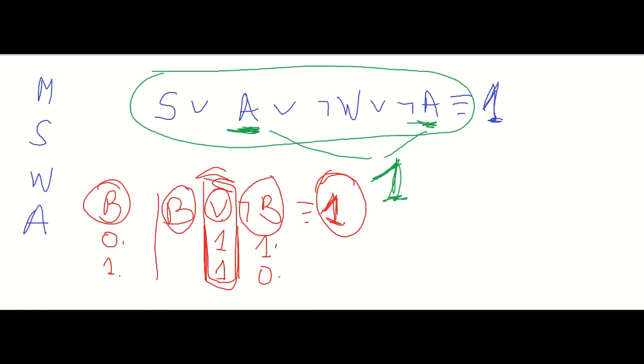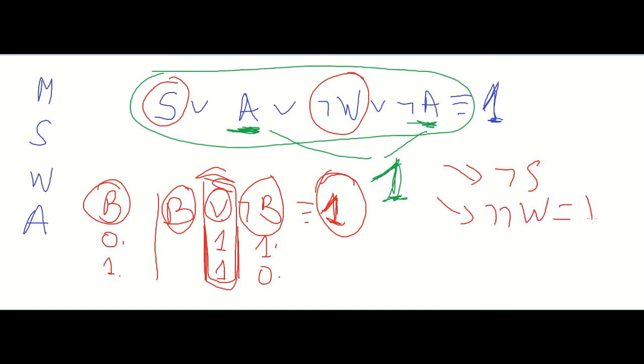One of them is true. That means that all others, sailor and not watchmaker, should be false. So we invert them and get that it was not the sailor, but by negating not watchmaker, we get that it was the watchmaker's fault.